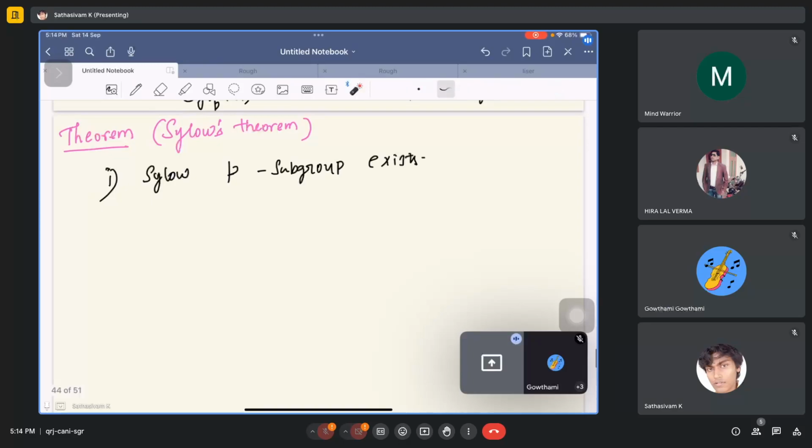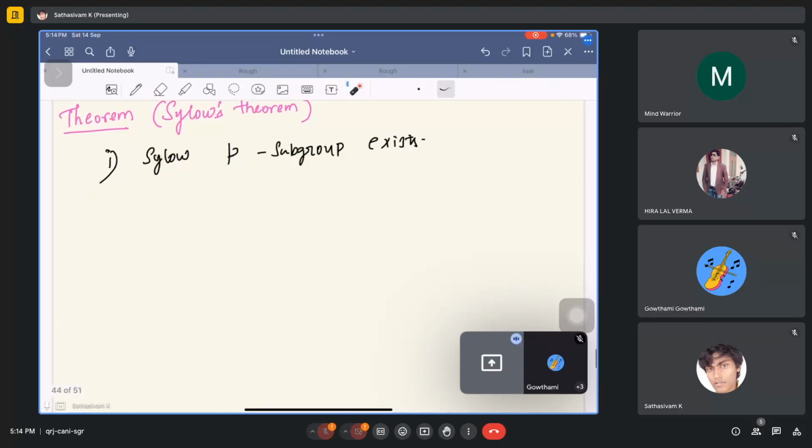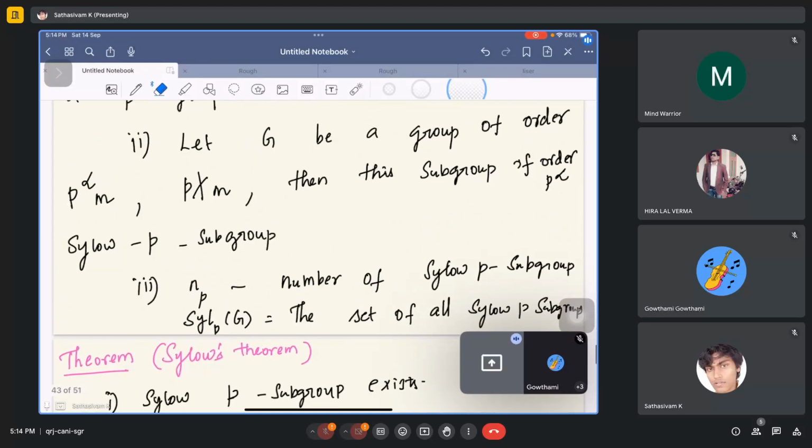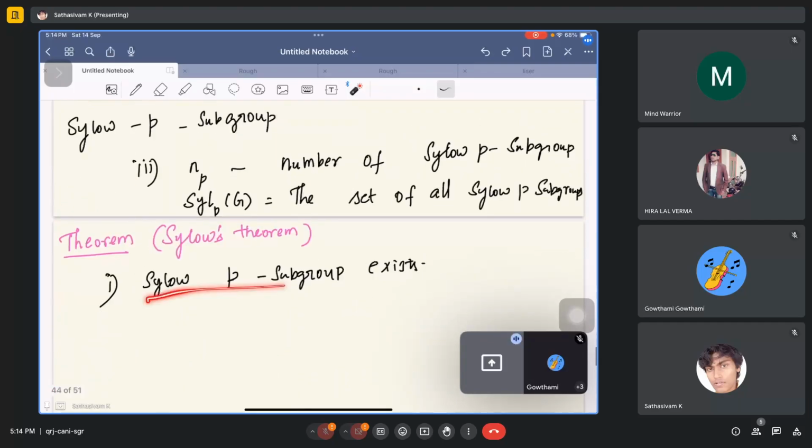This is important because in general, the converse of Lagrange's theorem is not true. For example, if the order of G is n and d divides n, that does not mean there exists a subgroup of order d. But here, p to the power alpha divides the order of G, and this theorem says that such a subgroup exists.